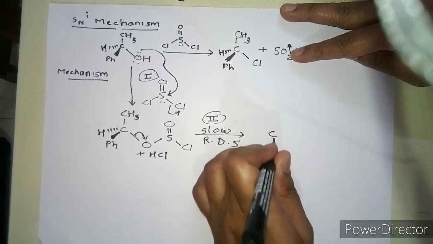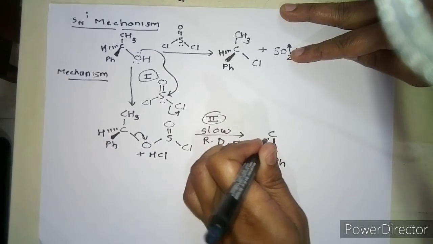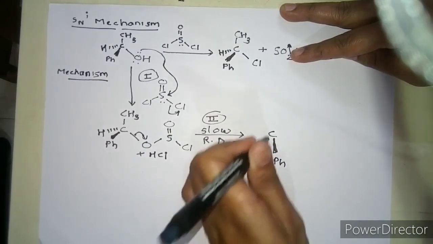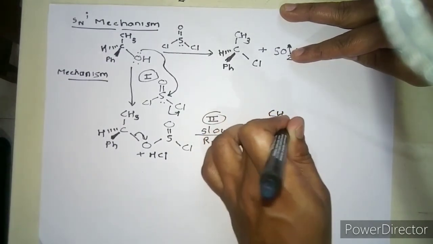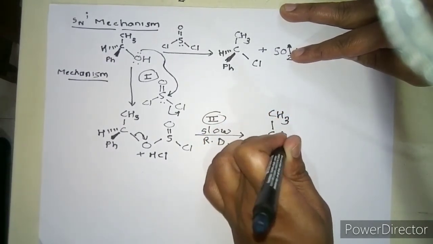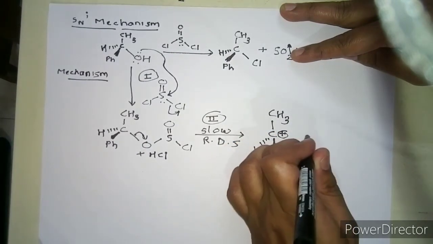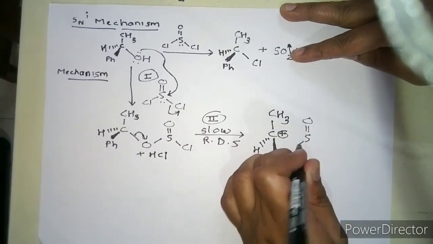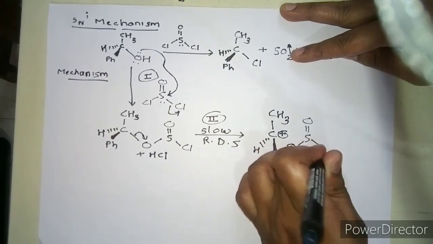This carbocation is a planar one. This is hydrogen, and here it is CH3. Of course, this is carrying a positive charge, and this is actually S double bond O, O minus, and Cl.